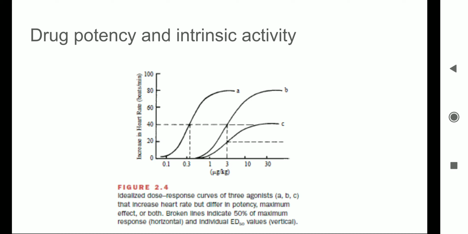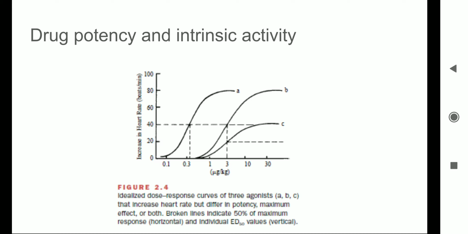While if we see drug C, the dose is around 0.3 micrograms per kg, but the effect that it is showing is only 50% of B, and the ED50 for drug C is also very less. That means it has a low intrinsic activity.